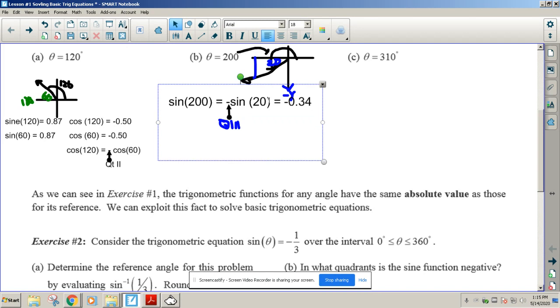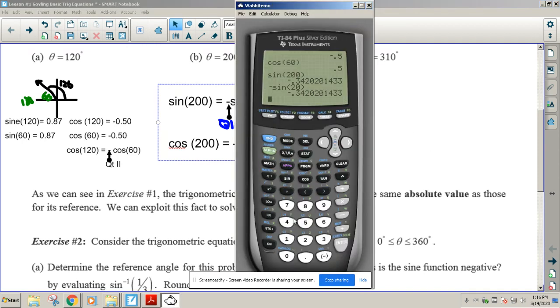And we're also in quadrant 3, so that's going to affect cosine. The cosine of 200 is also negative in quadrant 3 because the x-coordinate is negative. That's a negative x up on the graph. So this is equal to negative cosine of 20 degrees. And that is going to give us what?